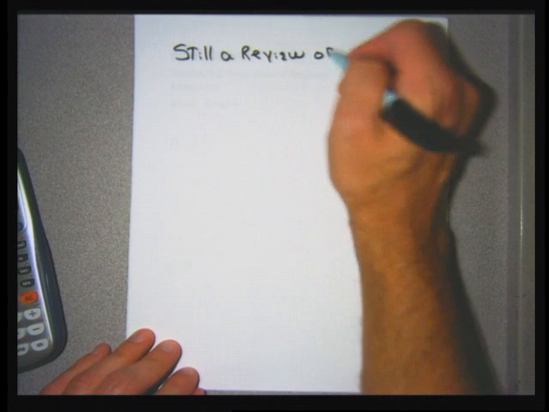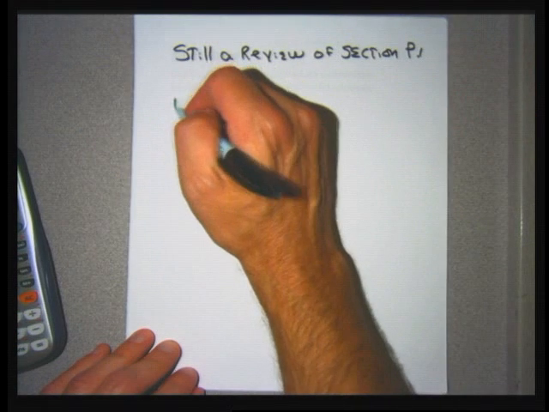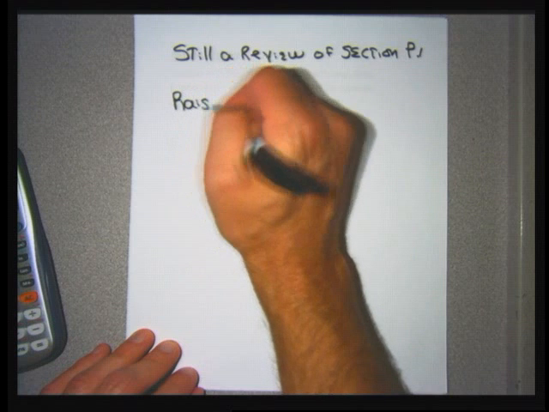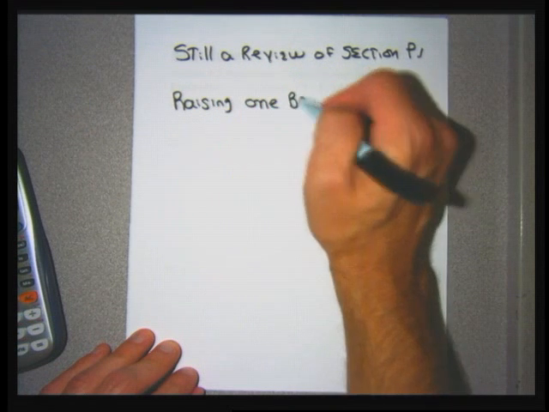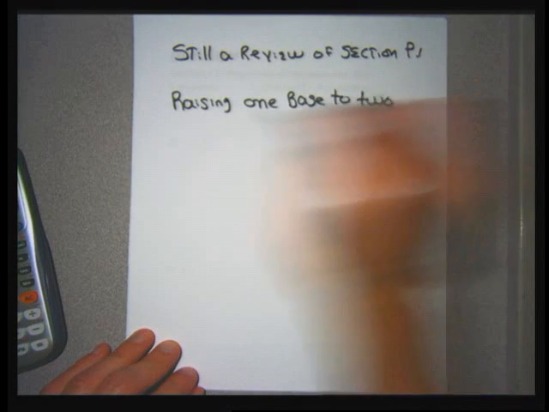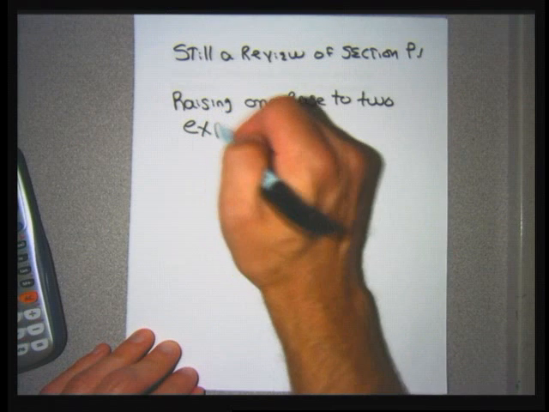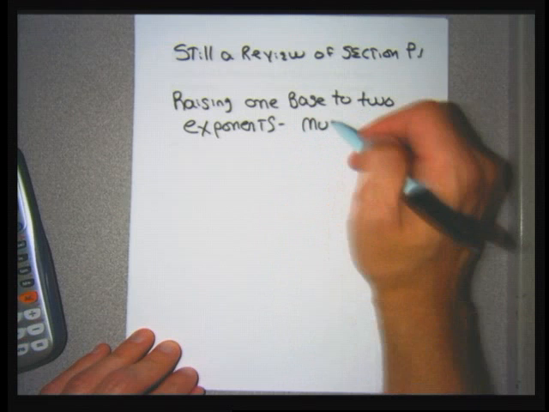Of section P1 is raising one base to two exponents. And that's when we multiply the exponents.